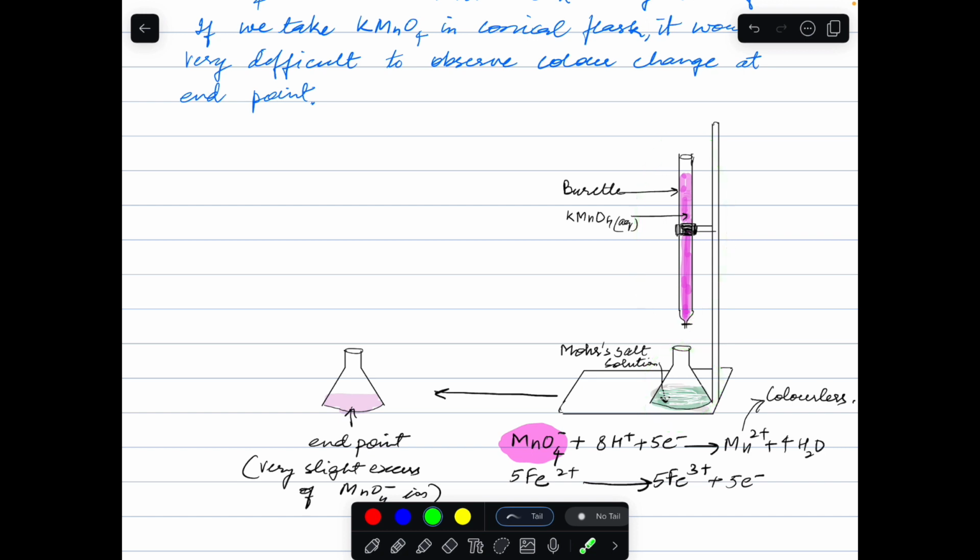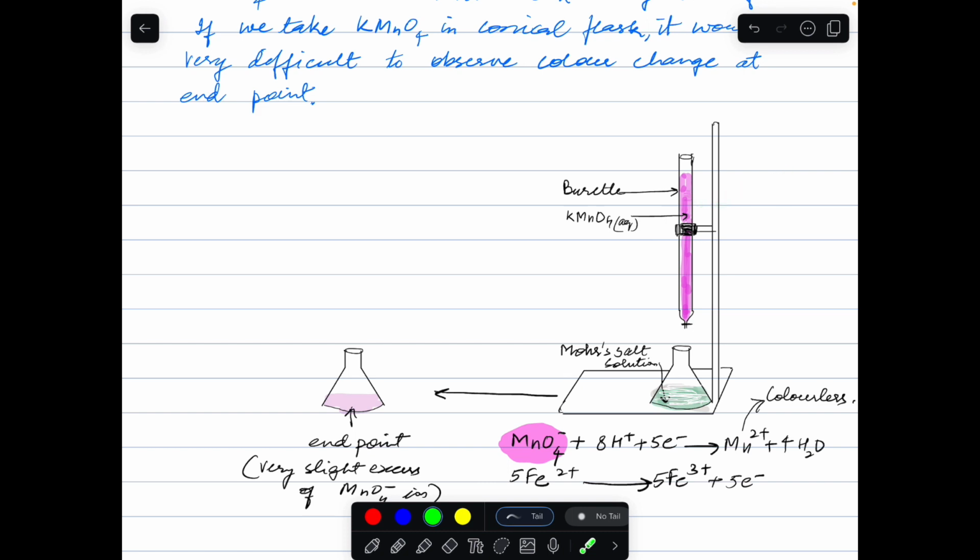But in your titration, you are doing the reverse. Your Mohr's salt solution is the standard solution, therefore it is the known solution. You are taking the known solution in the conical flask, while the unknown is taken in the burette. Otherwise normally, if possible, we try to take the known one in the burette.